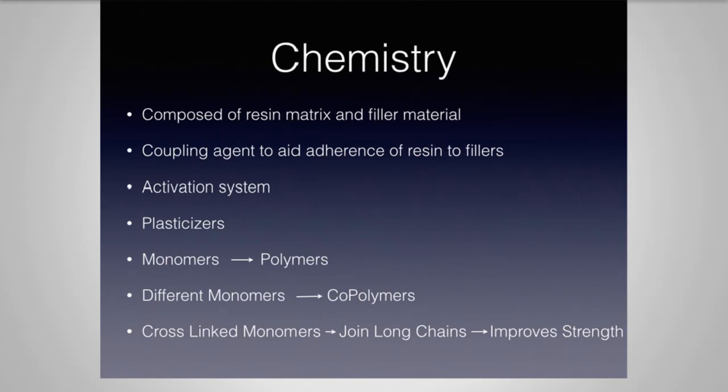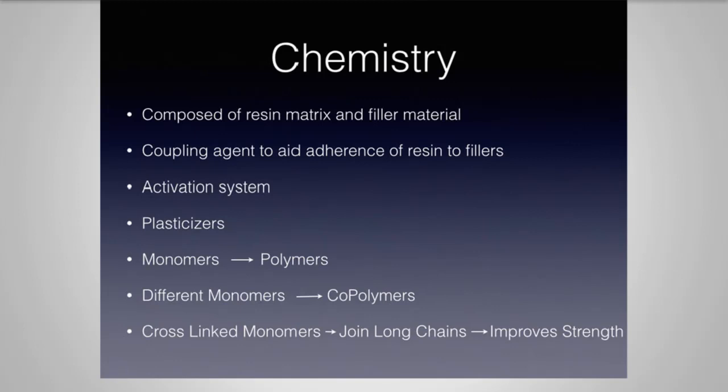Looking at the chemistry of composites, a resin matrix and a filler material together is what makes a composite a composite. Couple that with a coupling agent to enable the adherence of the various fillers that are placed into the resin. An activation system is important, whether it's a chemical or a photochemical activation system. We need plasticizers to enable it to be moldable and injectable and placeable.